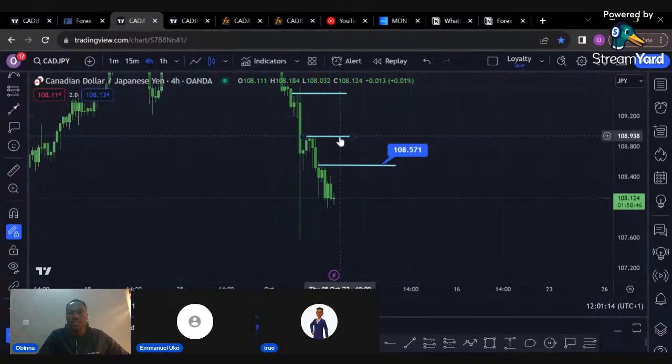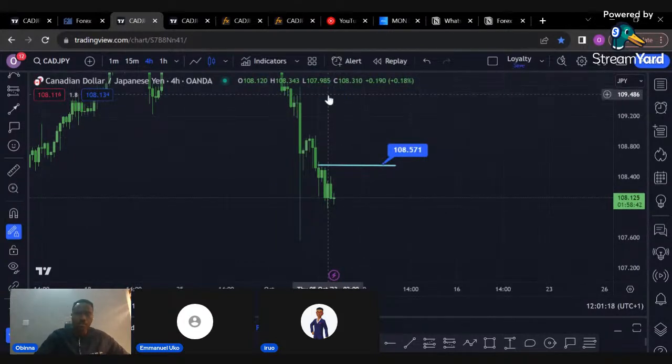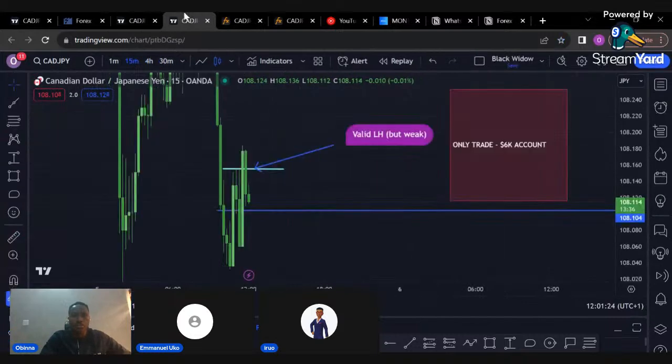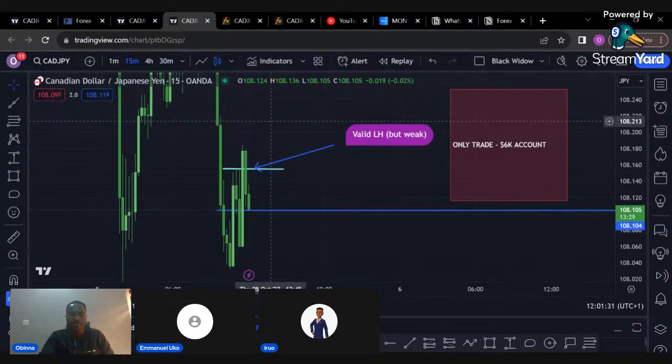That is the plan of action. But given that I can use the 15 minutes time frame, I will just be following the general direction of the higher time frame, because the higher time frame gives more confidence, more reason for your analysis to be stronger or to be right.